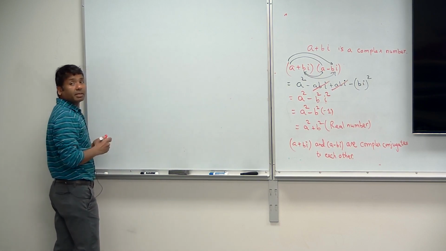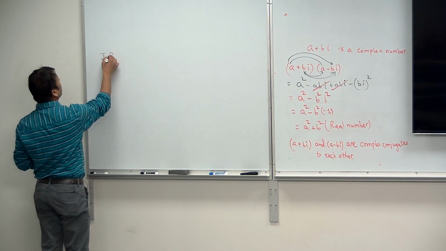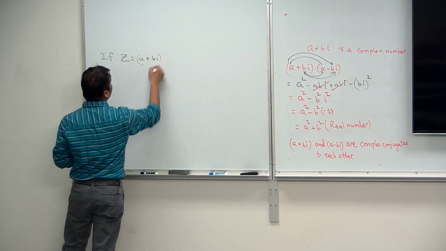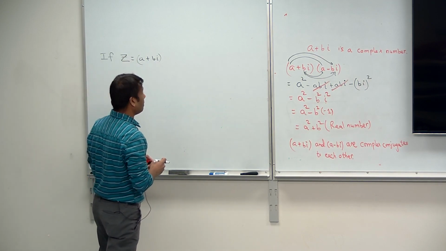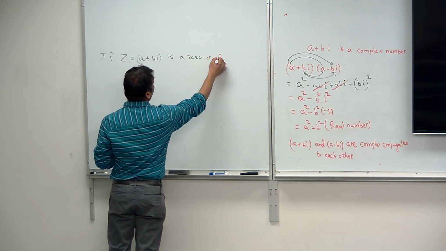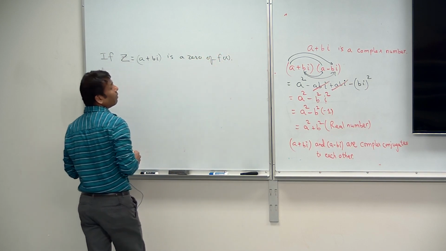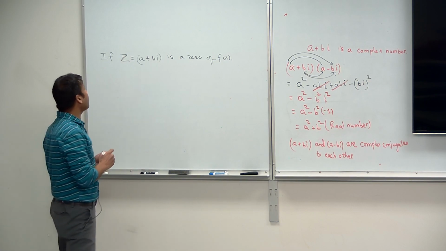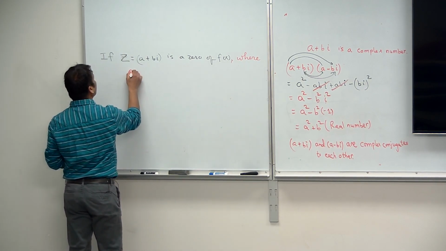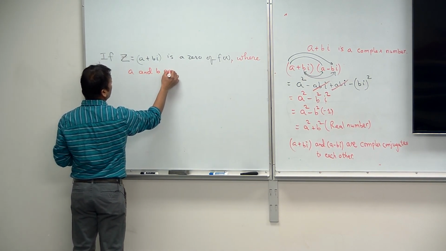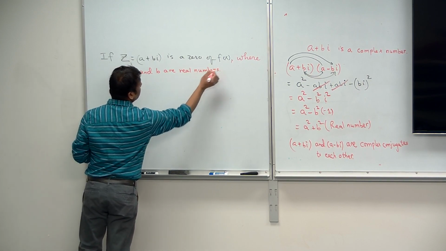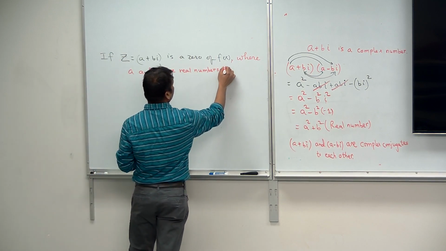So basically what I'm saying is, if z equal to a plus bi is a zero of f(x), a polynomial function, where a and b are real numbers, then what will happen?